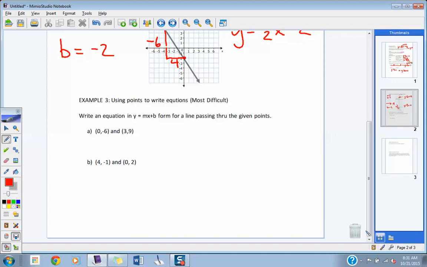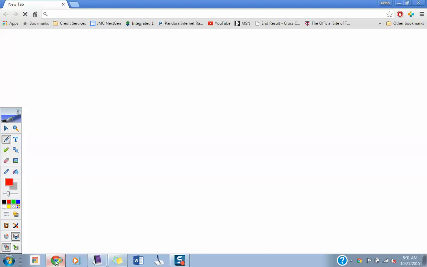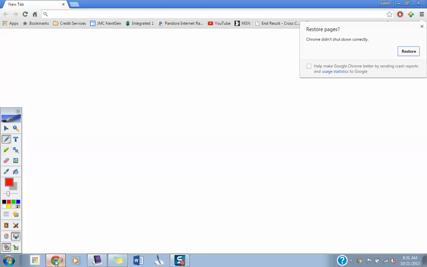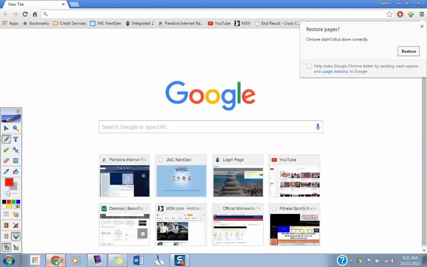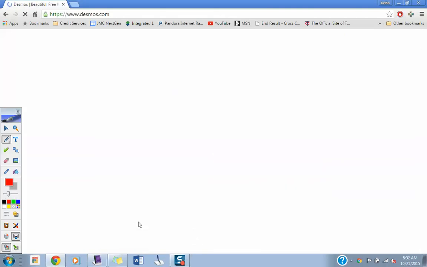Just pull up decimals here for a second. Guys, on example 3, it says we're going to write an equation in slope-intercept form, and I'm going to show you some shortcuts here, given 2 points.